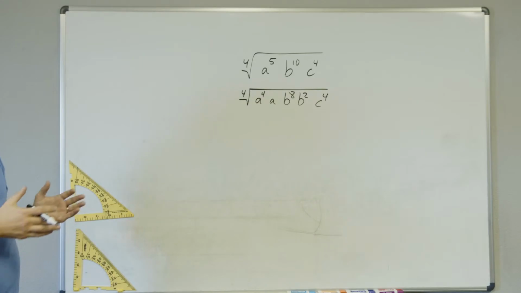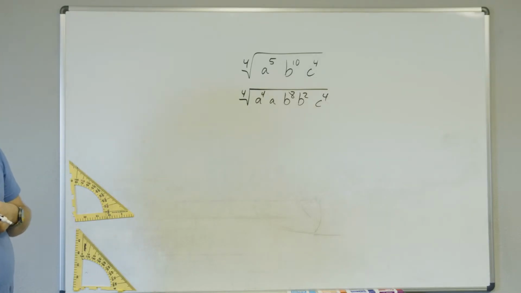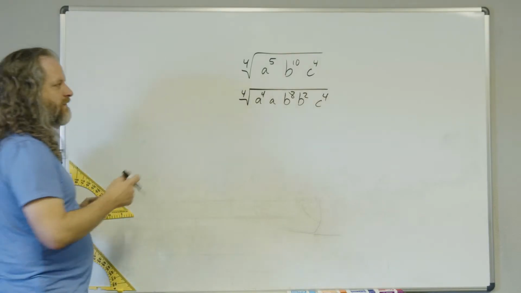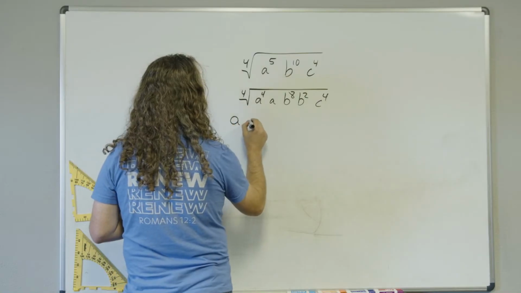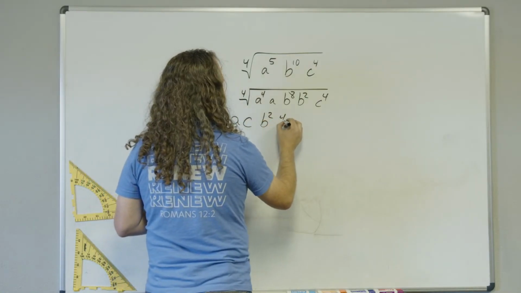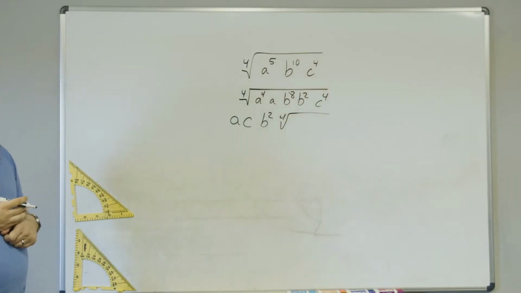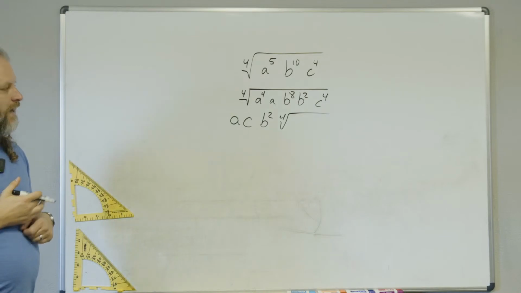So, now that we've done that, which ones are going to pop out front? A and C and B squared, right? And what's still inside? A and B squared.